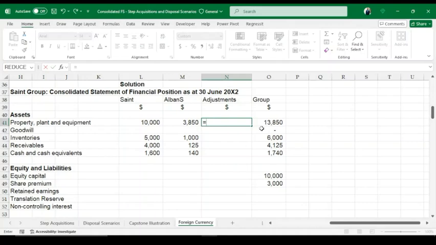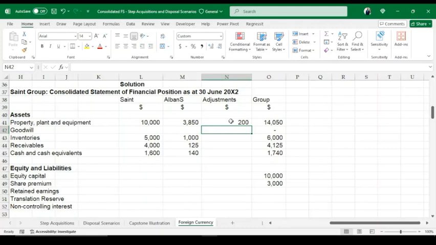I'm going to have my 1,000 here divided by 4, as we are translating it at the closing rate of exchange, and then we are going to subtract the depreciation amount of 200, also divided by 4. And that will give me 200.